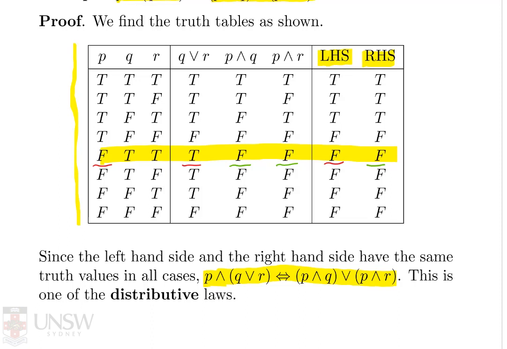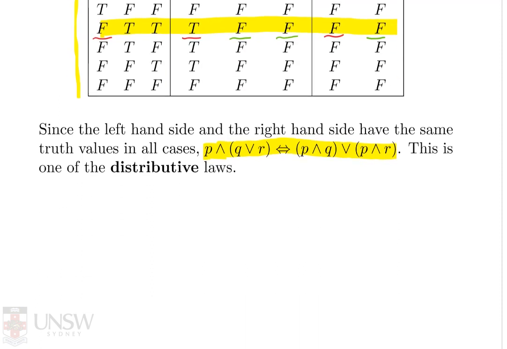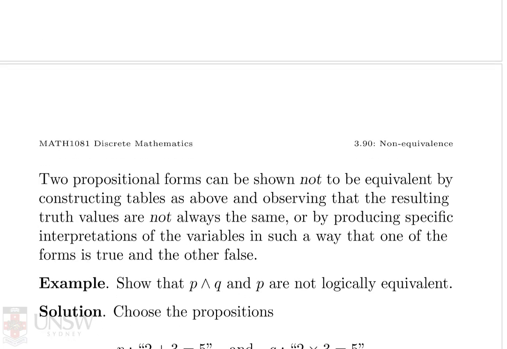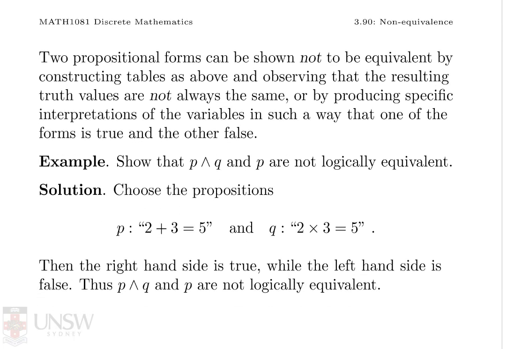So we can show that two statements are logically equivalent by compiling the truth table for each of them. We can also do it in a less formal way by just understanding what the statements mean. How would we show that two statements are not logically equivalent? Next problem. How can we show two propositional forms are not logically equivalent?